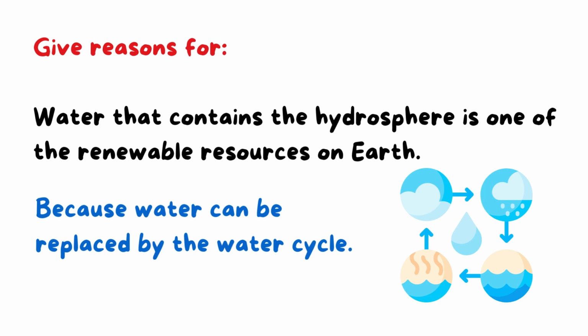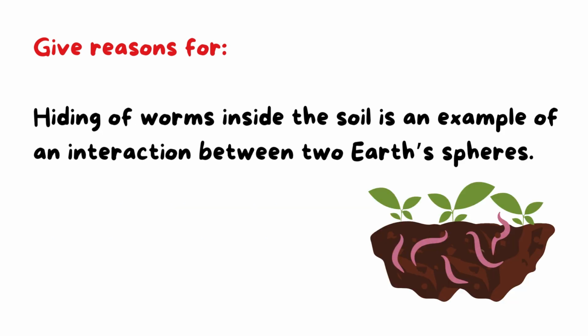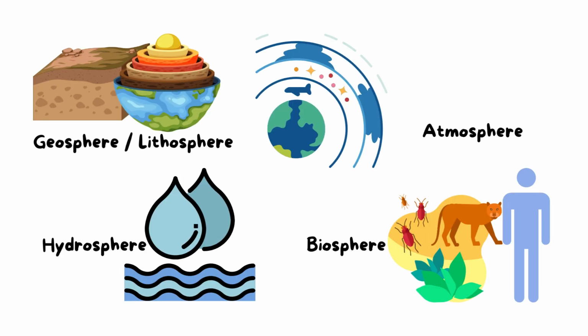Let's move to another question. Give reasons for hiding of worms inside the soil is an example of an interaction between two Earth's spheres. We know the four spheres of Earth. We have the geosphere or lithosphere, which is about the rocks, soil and land forms. We have the atmosphere, which includes air and gases.